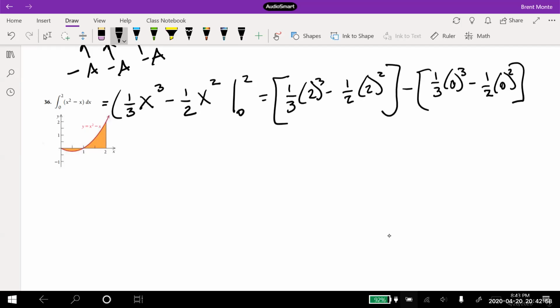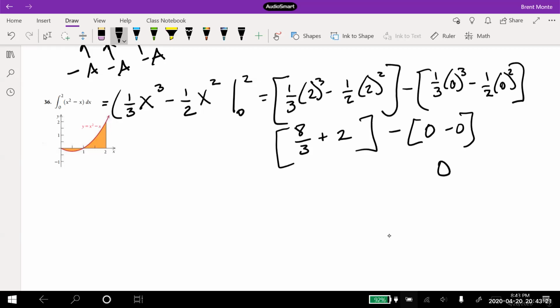All right, so let's see what we have. The 2 cubed is 8 times 1/3, so that's going to be 8/3. The 2 squared is 4, half of that is 2. Minus, keep that bracket there. Well, 0 cubed is 0 times 1/3 is 0. And 0 squared is 0 times a half is 0. So that whole piece went to 0.